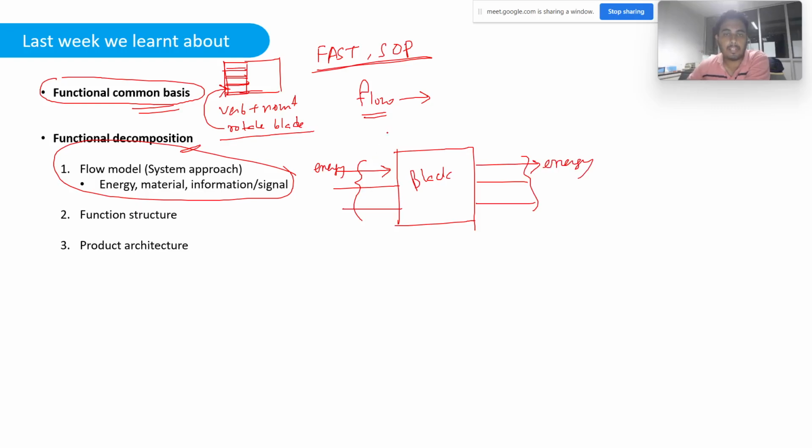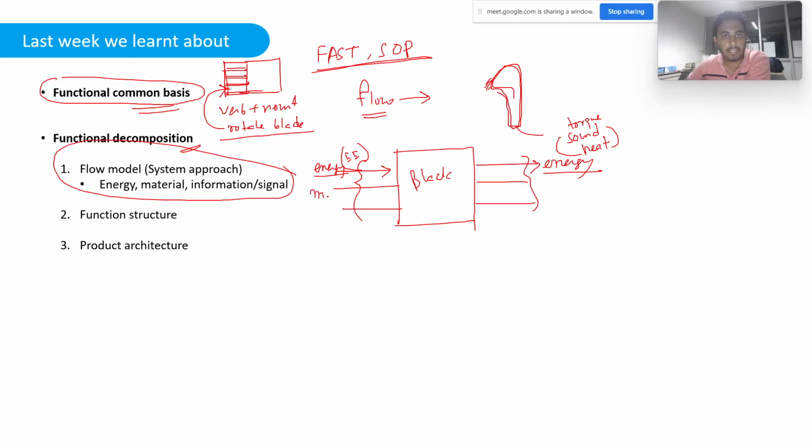For example, consider a product like an electric shaver. As input you are giving electrical energy, and as output you are generating some sort of mechanical or sound energy: vibrational sound energy, heat, and the torque that is used for cutting the beard. Those are the forms of energy we can get as output.